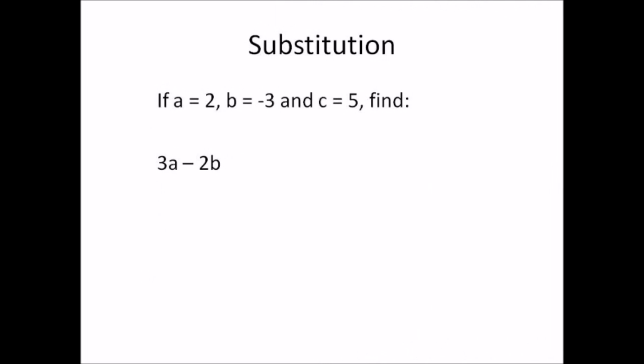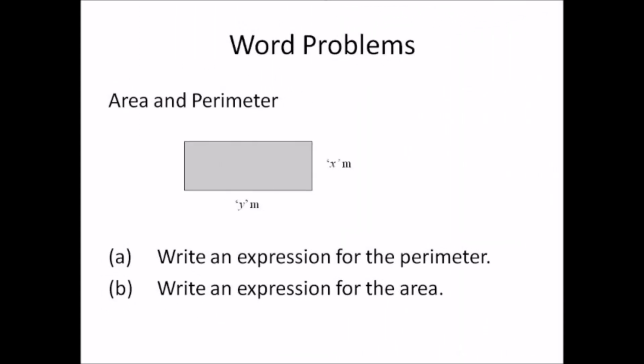And we move on to substitution. If a is 2, b is negative 3, and c is 5, find 3a minus 2b. Put your values in, substitute your values in, and see what answer you get. Be careful with your negative signs, negative numbers. And word problems, area and perimeter. You have a rectangle and it's y meters long and x meters wide.